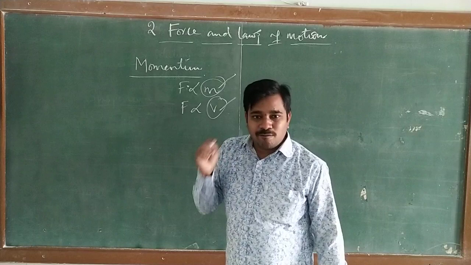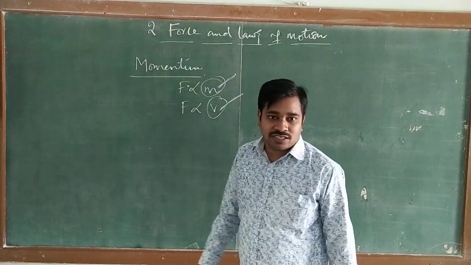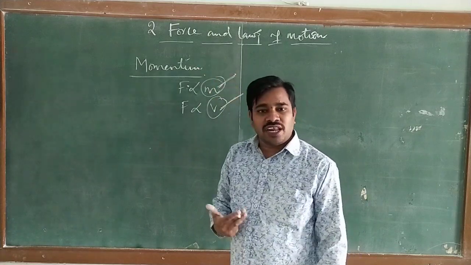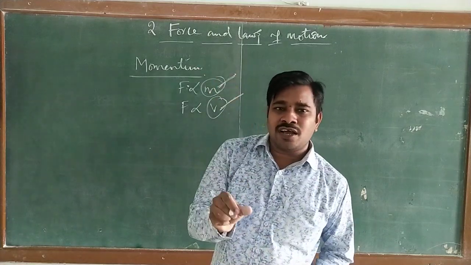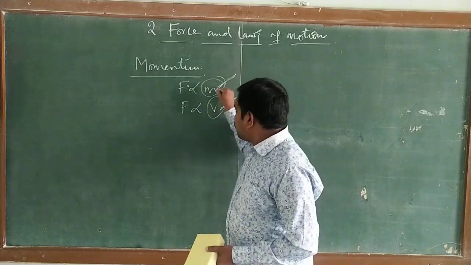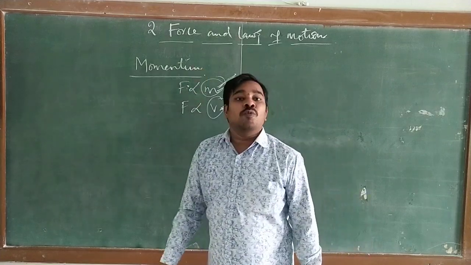So the quantity of motion is affected by both mass and velocity. Momentum is a word related to the motion of the body. It measures the motion of the body. The product of mass and velocity is considered as momentum.